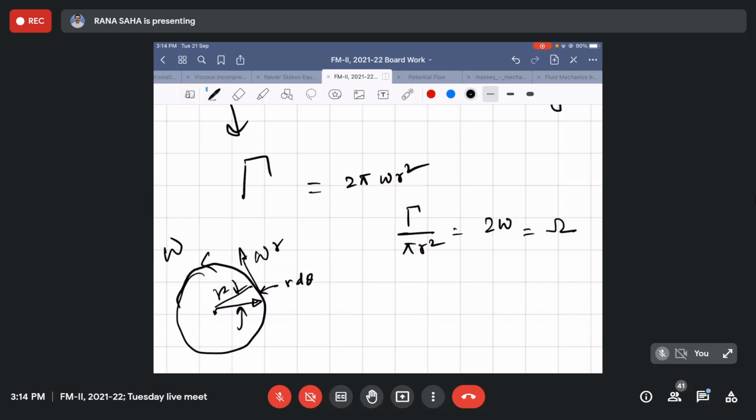Then we will take a very quick look into the basic flow patterns. So if these parts are okay to you, we can move into the next part. Any query? I just tried to have a very summarized discussion of this prerequisite part of potential flow.